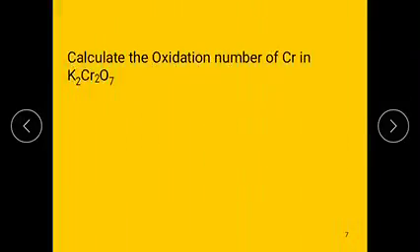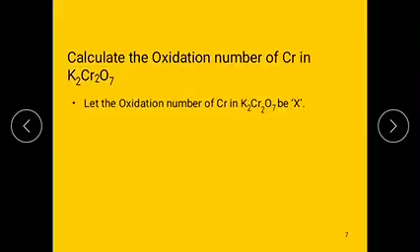Let us see one more example. Again, calculate the oxidation number of chromium in potassium dichromate. In this case, let the oxidation number of chromium in K2Cr2O7 be X. Here potassium dichromate is formed by potassium, chromium and oxygen atoms.